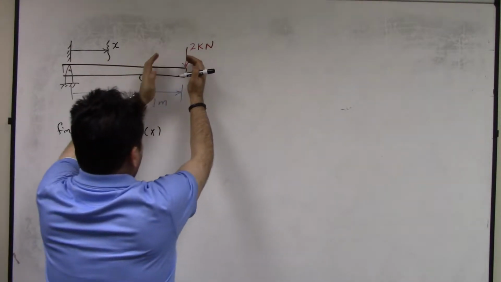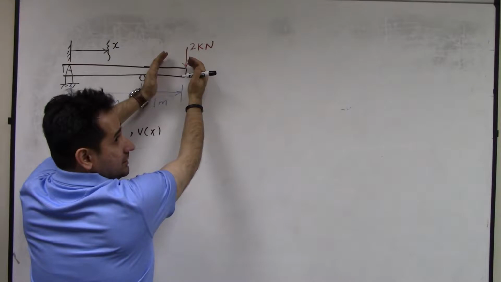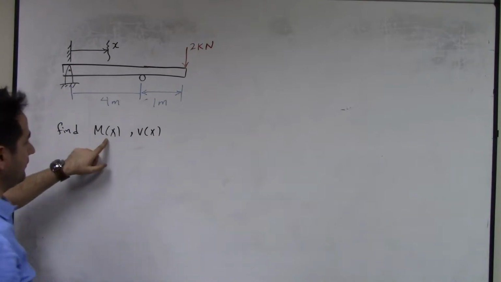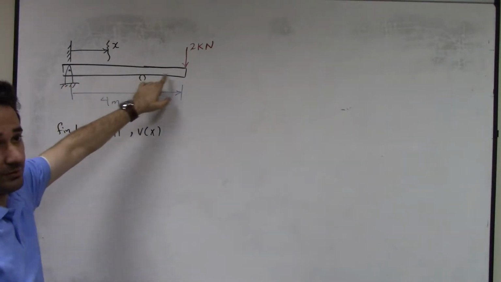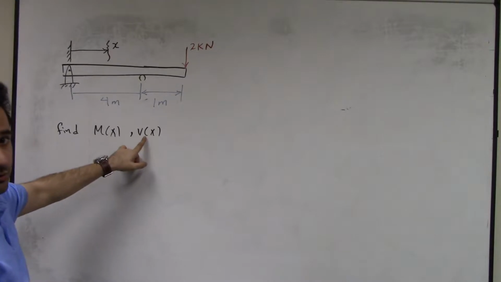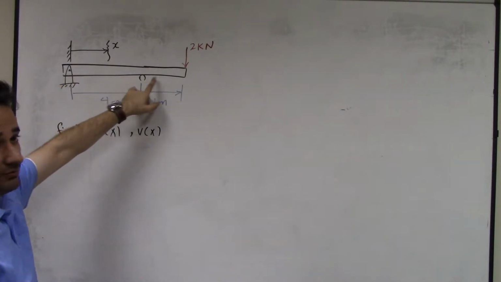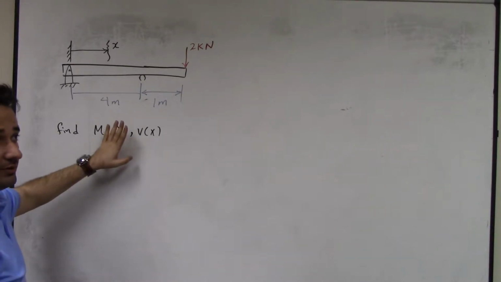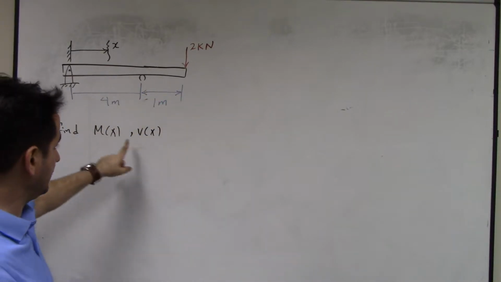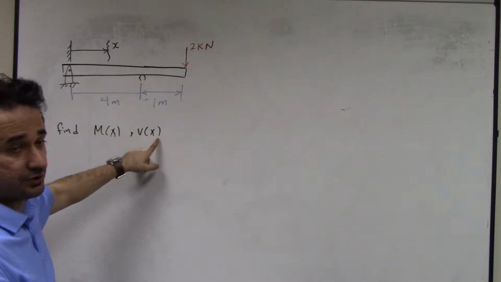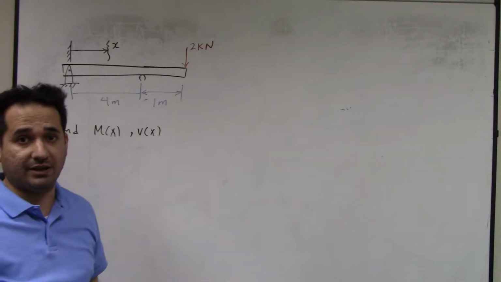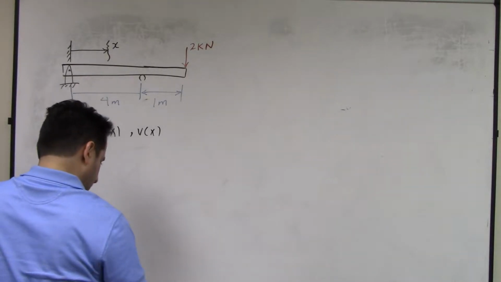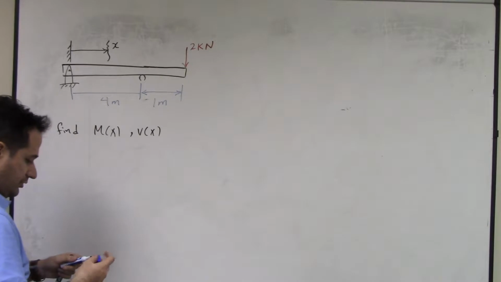Then we consider after this roller and do it again, and we find two equations for moment, one from here to here, one from here to here, and similarly two equations for shear. This is the conventional approach. With the Heaviside method, you find one relation for moment and one relation for shear, all across the beam. So this is the advantage. You don't need to do an interval-based approach. So let's first do the conventional approach.